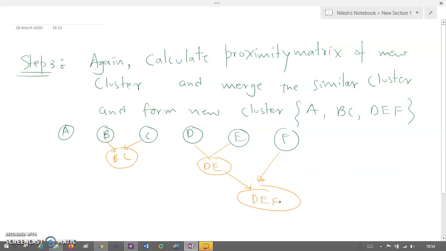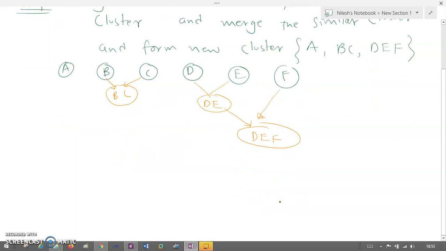I think you are following. Now again, what is this step? Again you are calculating the proximity matrix for these new clusters. The clusters are A, B, C and D, E, F. The leftover is going to be A, B, C and D, E, F. I'm having now 3 clusters over here. Okay, are you getting it?